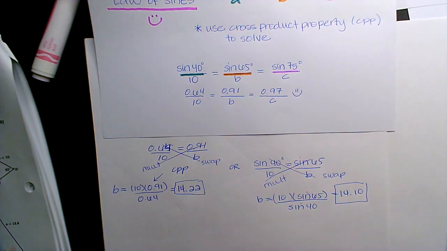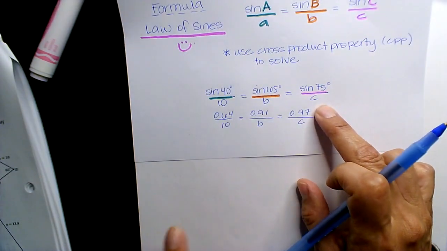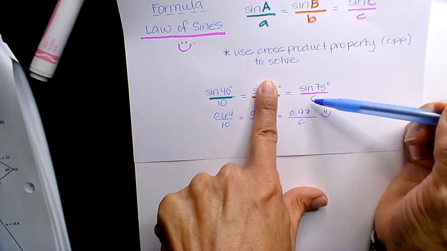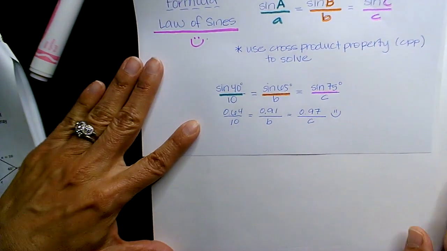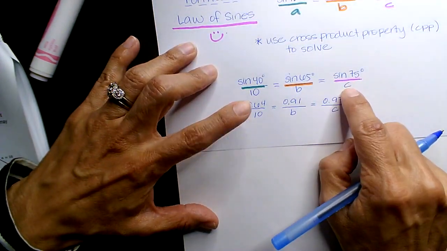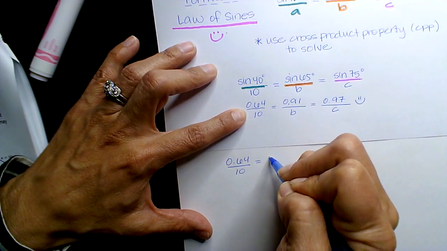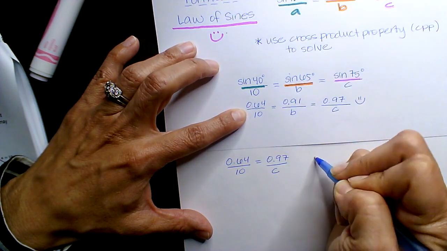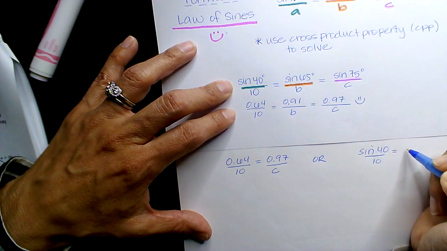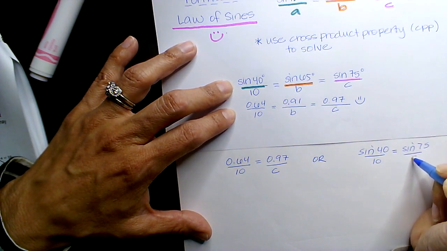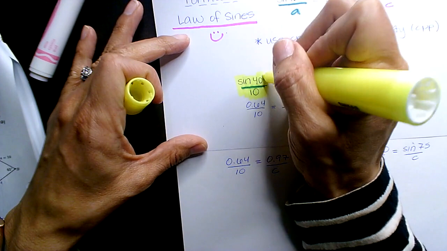If I solve for C then, let's move the paper up and restart. If you're solving for C, I'm covering this up. Again, do you want to use this or do you want to use that? If you're going to use the decimals, 0.64 over 10, 0.97 over C, or sine of 40 degrees over 10, sine of 75 over C. Because remember, the reason why I keep using this is this has two numbers.